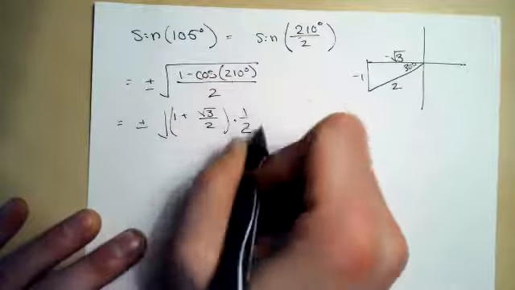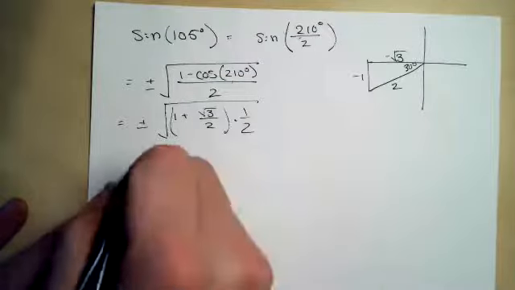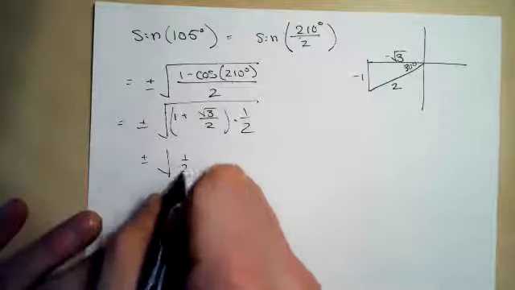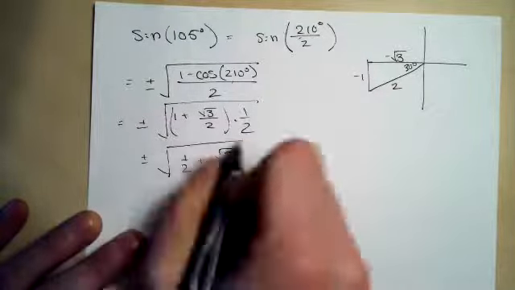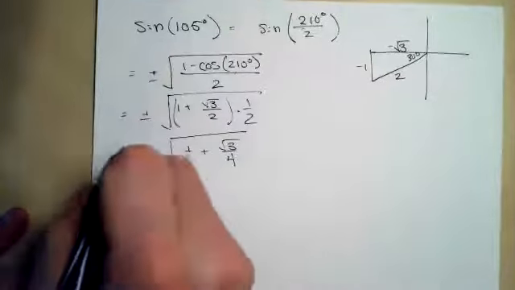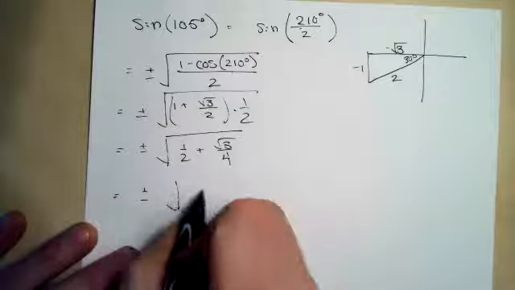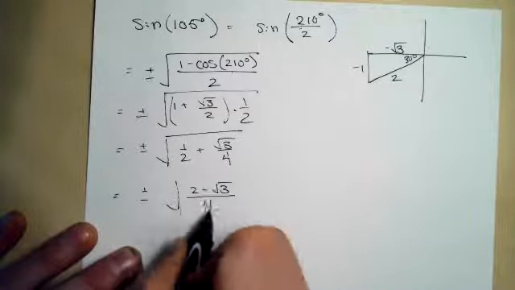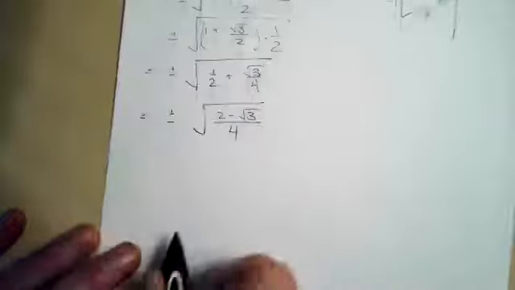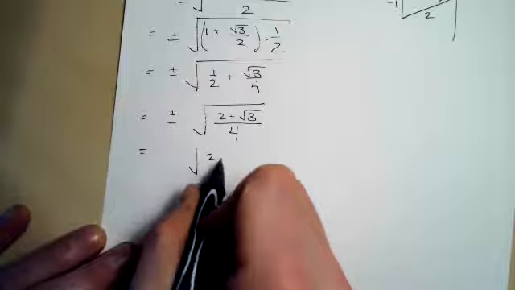So let's just multiply by a half. Distribute. Find a common denominator. And then simplify.